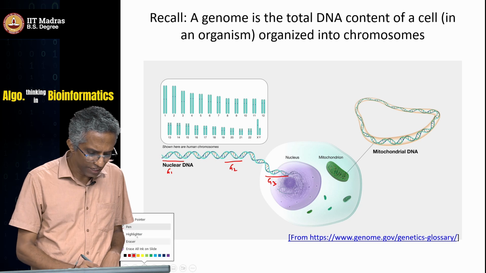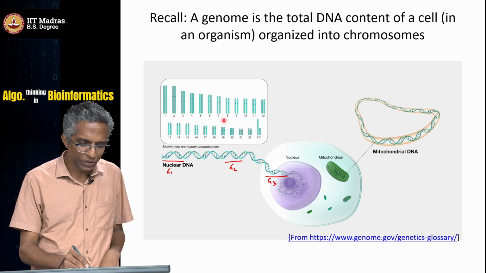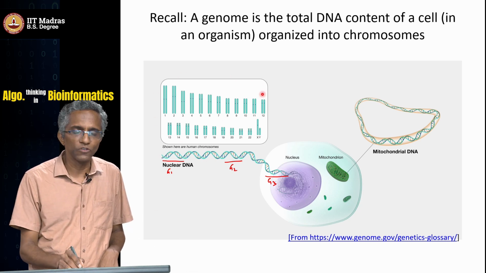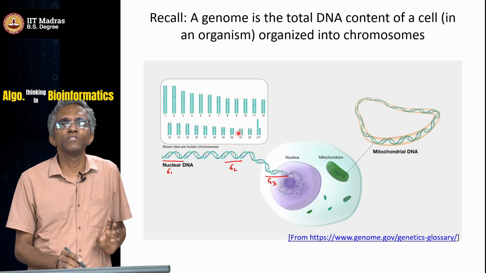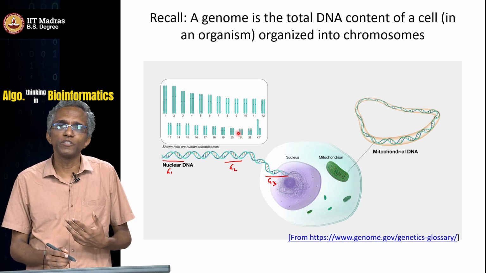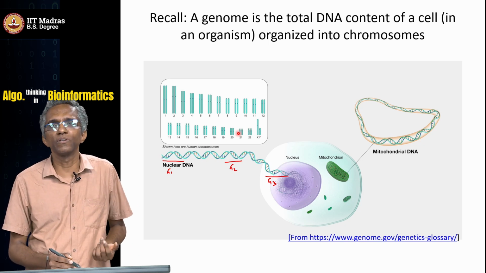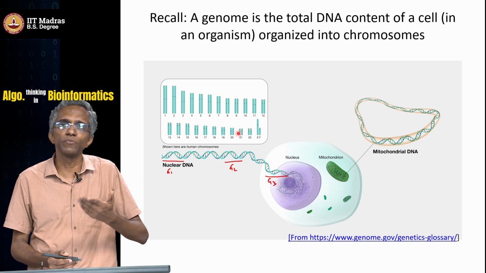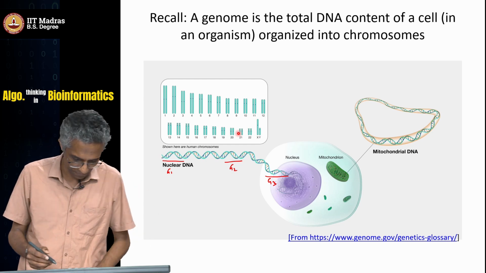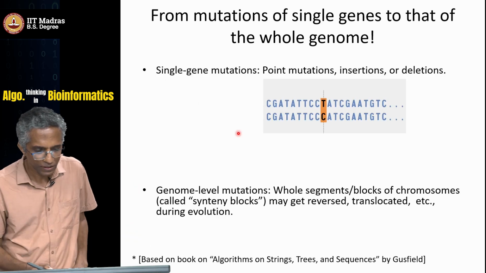The idea is that this will give you an overall picture of the genome, the overall organization and architecture of the genome in different species, and how that overall architecture or organization of the genome has transformed or evolved from one species to another.